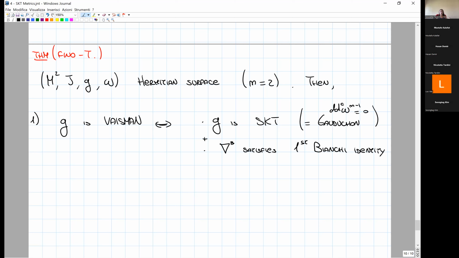So on Hermitian surfaces, Vaisman metrics are Gauduchon metrics, so SKT metrics if you want, that satisfy the first Bianchi identity for the Bismut connection.